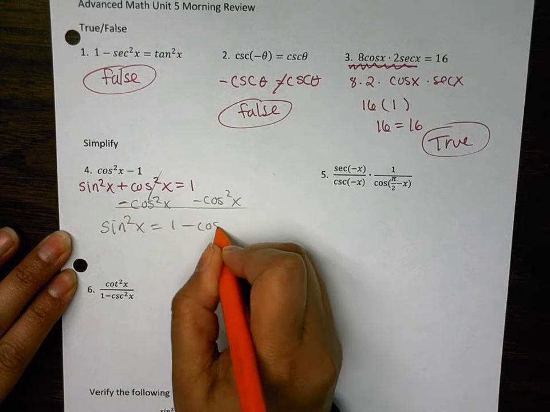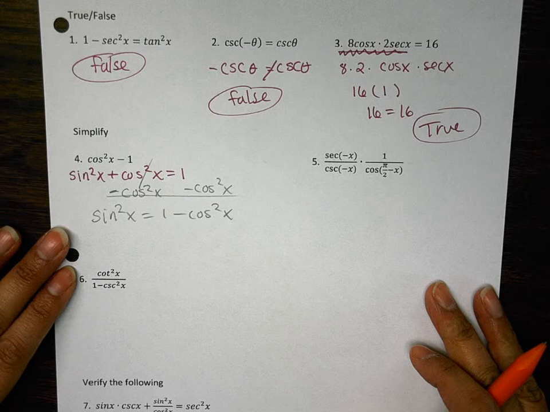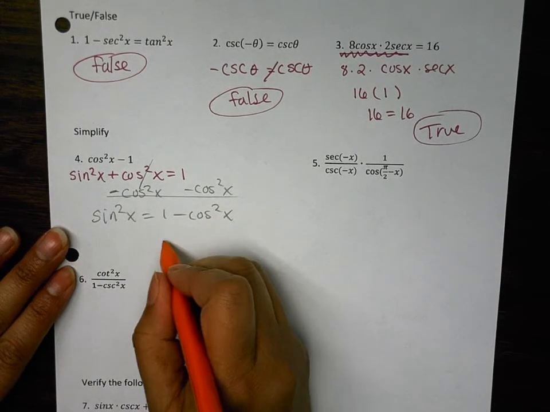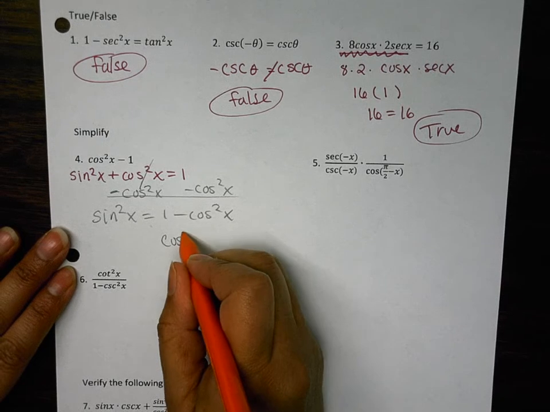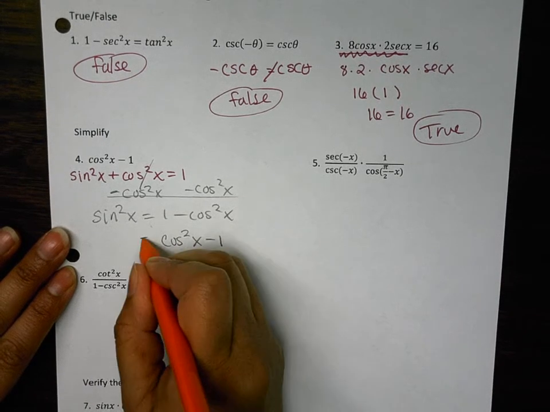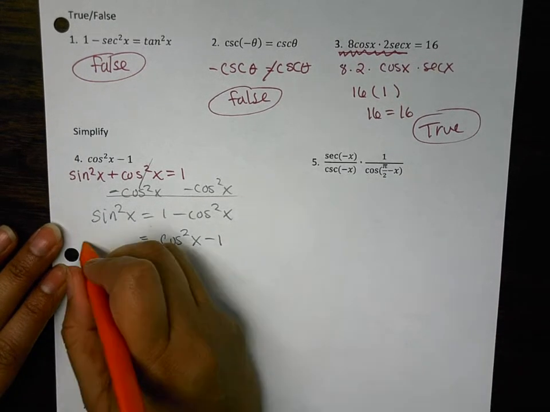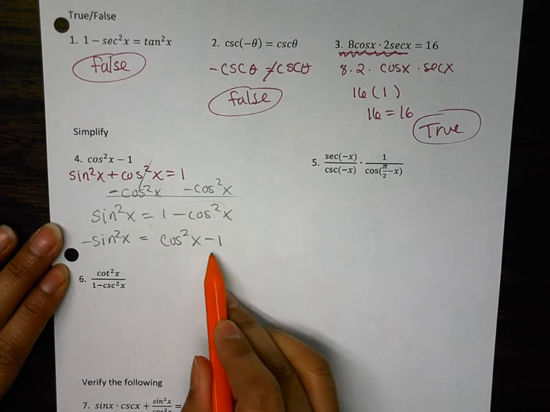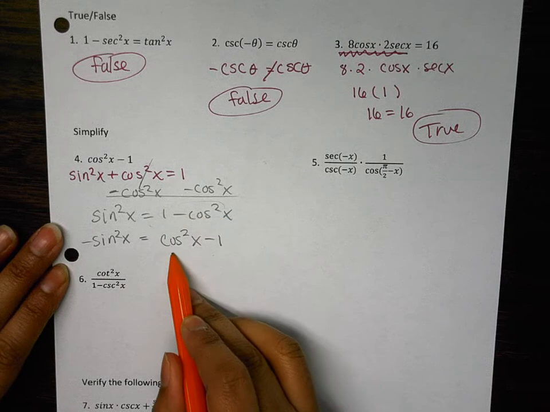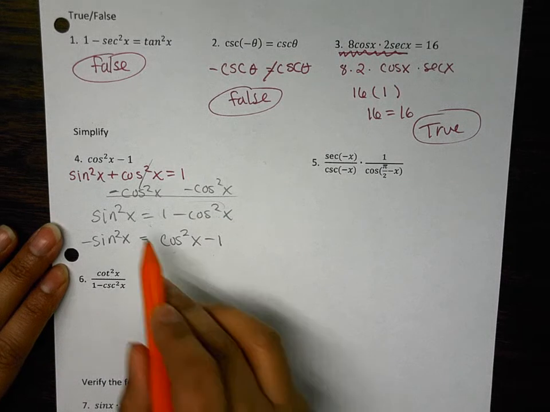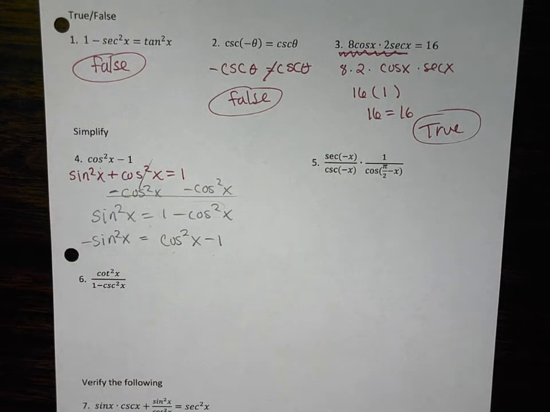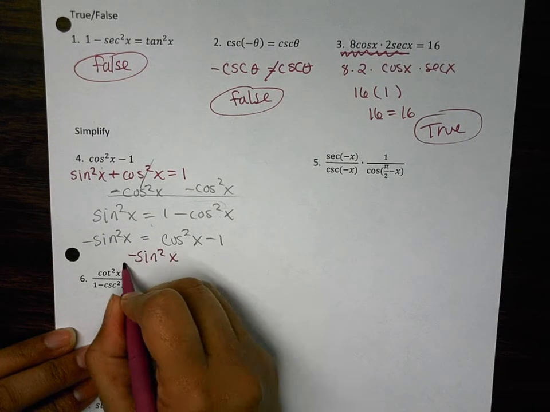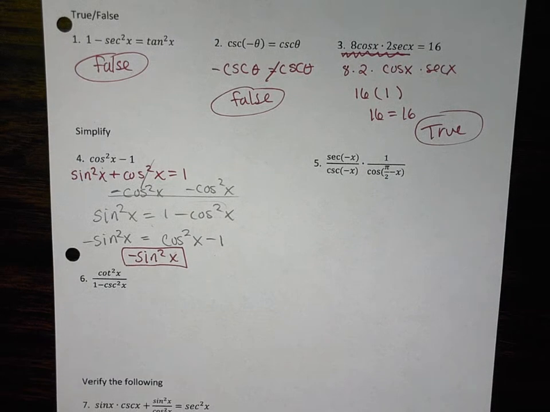Sine squared x equals 1 minus cosine squared x. I have cosine squared x minus 1. So if I flip this on the negative, or if I divide both sides by negative, however you want to think of it, what does it equal? Do you guys agree if I divided this by a negative, that positive 1 becomes negative, and the negative cosine squared becomes positive? So what's the final answer then for cosine squared x minus 1? Negative sine squared x. So no when it's positive, no when it's negative.